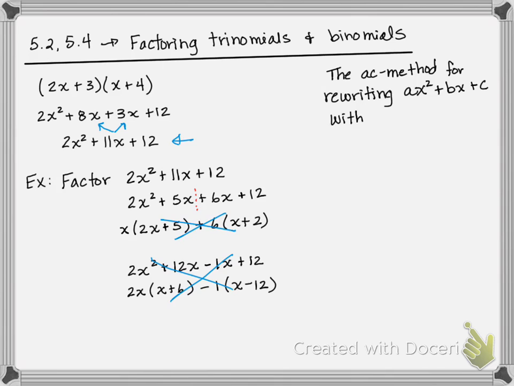So it always has to be the variable then? What do you mean? Well, you couldn't do like the 12, right? Right, okay, great question. This is one of the reasons that we write it in descending order first, so that that middle term is the one that we're always breaking up.